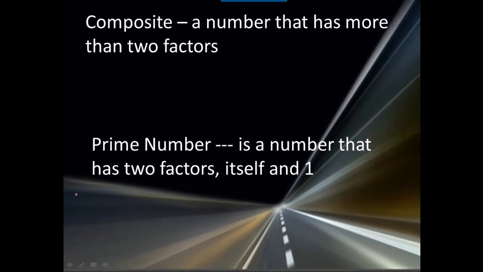Composite. A composite is a number that has more than 2 factors. Let's take the number 18. Let's find all the factors for 18. Remember, factors are 2 numbers multiplied together. 1 times 18, 2 times 9, 3 times 6.